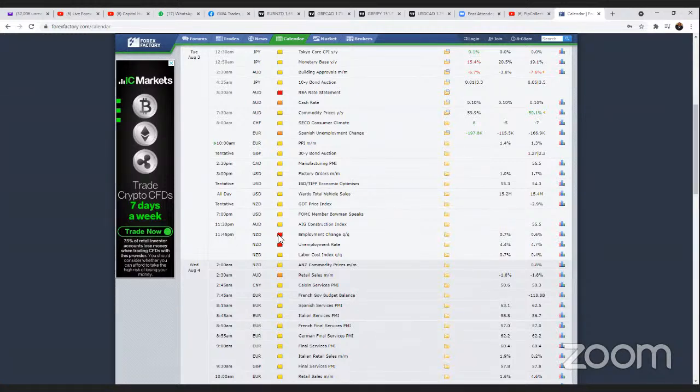I mean, as for the red folder, high impact. So definitely you want to be trying to stay away from the news unless you are trading the news when you have these events that are marked as red folders. The orange folder or gold is medium impact that is expected.